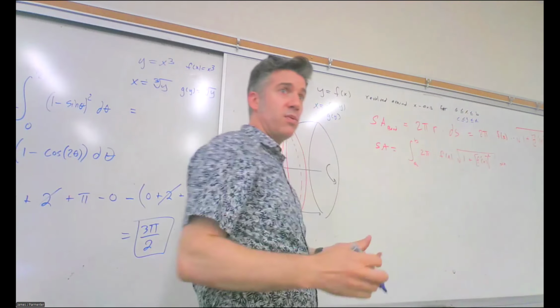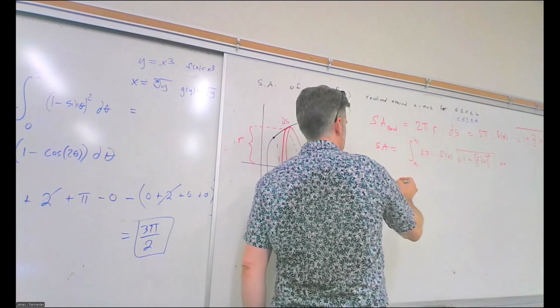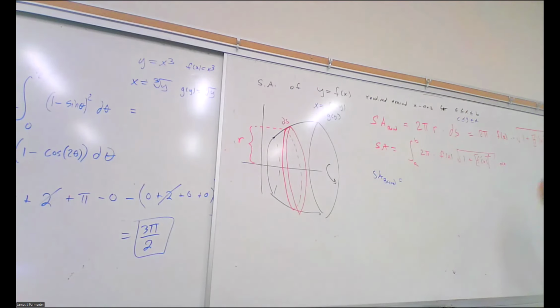So if we did it this way, the surface area of our band is still 2 pi r ds. That's always what I'm thinking of when I'm doing surface area: 2 pi r ds. And when I'm doing length, it's just ds. And then we're going to integrate it. So here, my 2 pi r, well now my radius is just how high I am, which is just y.